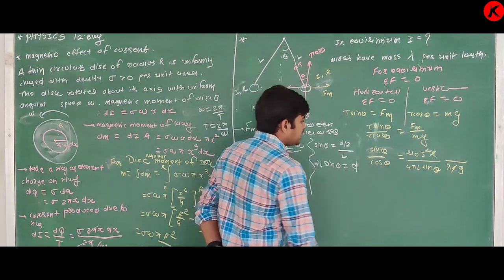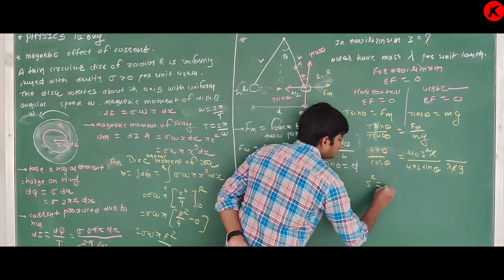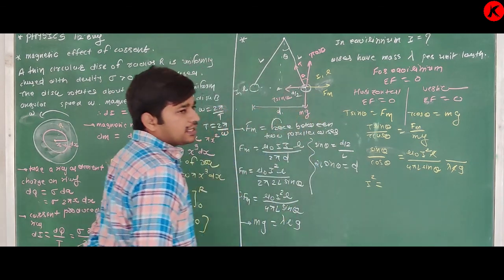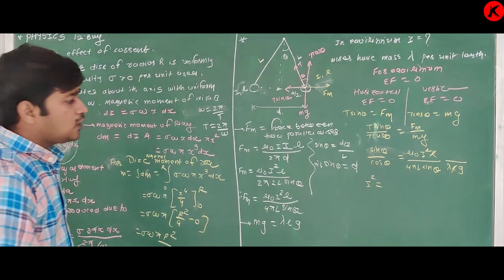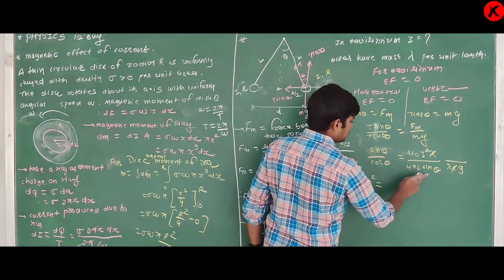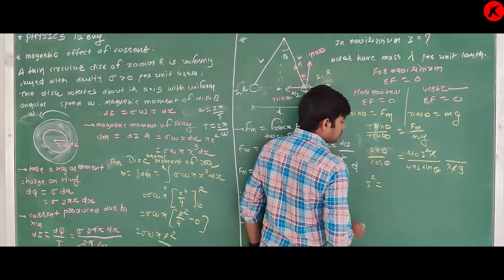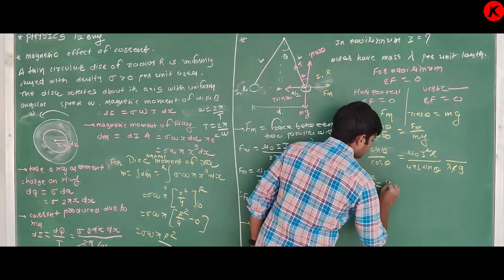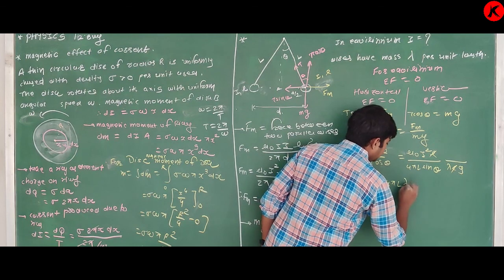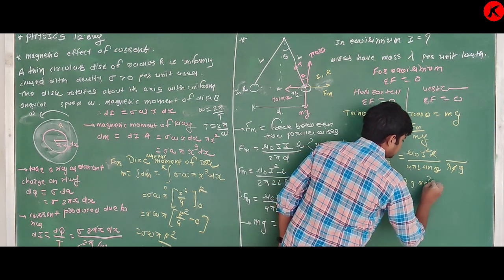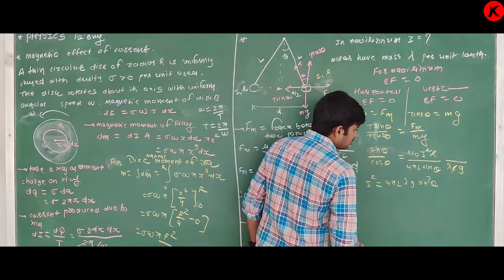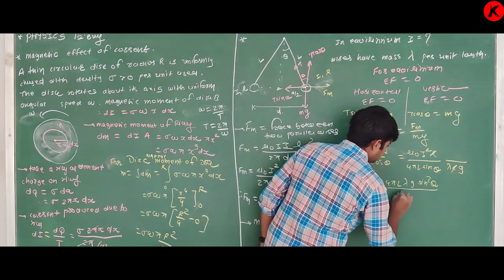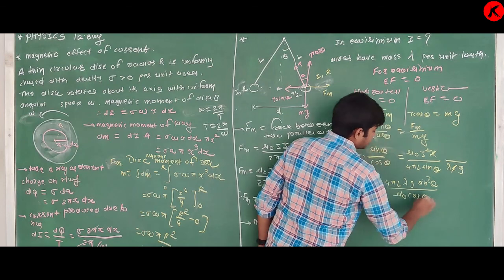No. So make I square the subject. How to find the value of I square? You have to write this whole term here. So I square is equal to 4 pi L lambda g sin square theta divided by mu 0 cos theta.